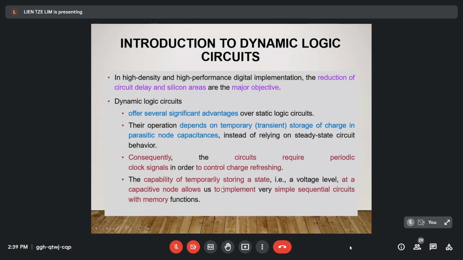In this slide, it shows the difference between the dynamic logic circuit and the static logic circuit.